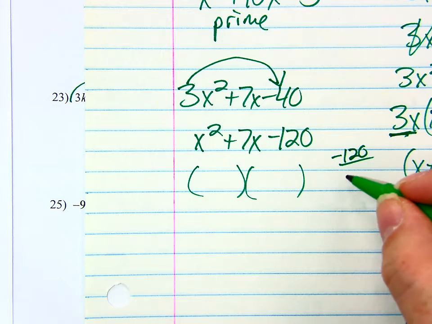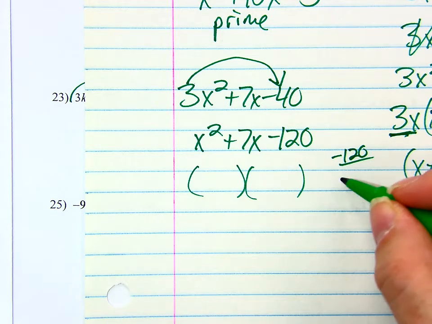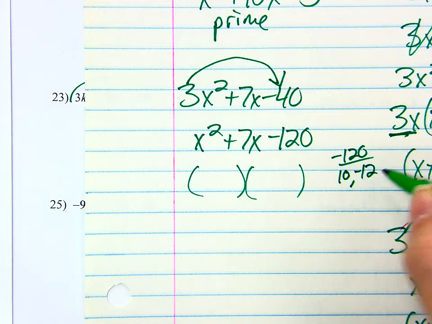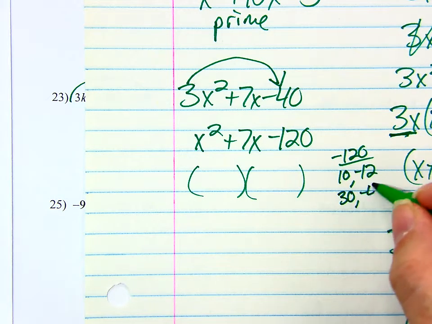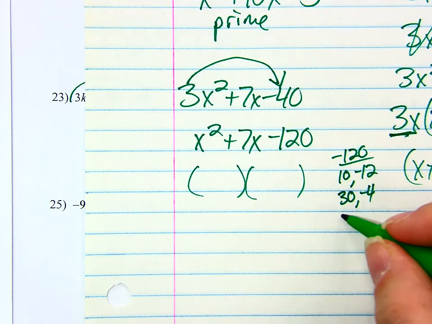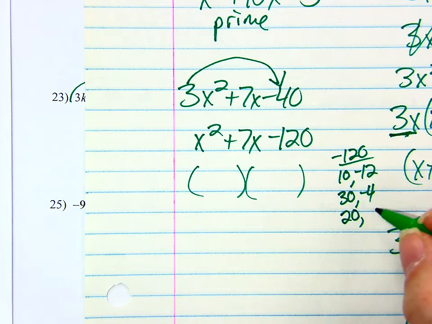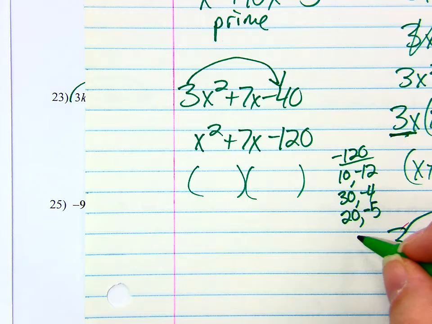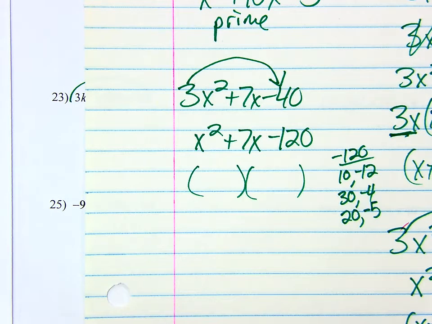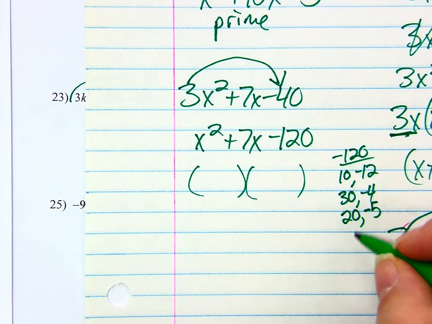Let's see, I don't know them off the top of my head, but I'll just try some. Positive 10 and a negative 12? Nope. How about a positive 30 and a negative 4? Nope, too far apart. Positive 20, negative 5? Nope. But I'm getting closer. I wonder if 24 goes in? Yep.